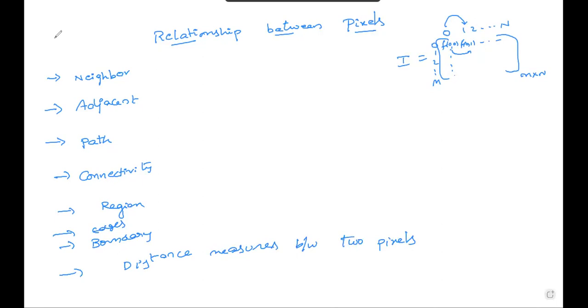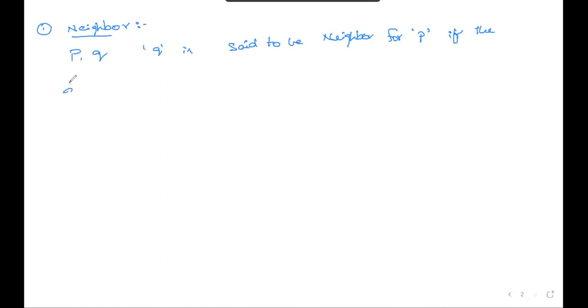So in that, first one is neighborhood. Suppose I am considering two pixels, P and Q. Q is said to be a neighbor of P if the distance between them is 1, that is, unit distance.